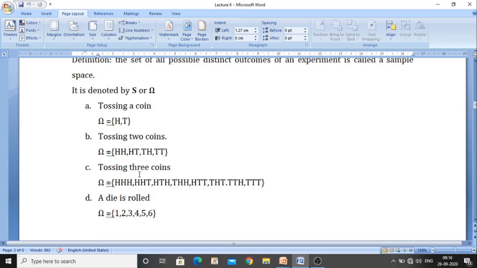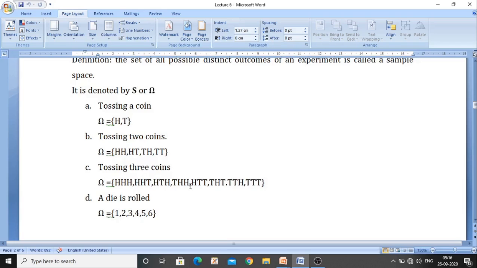Third one, tossing three coins. The number of elements here, these are called the elements. All heads HHH, or HHT, or HTH. Whenever you want to write this sample space, keep in mind that first take all H, then take 2H and 1T and arrange them in different ways: HHT, HTH, THH.